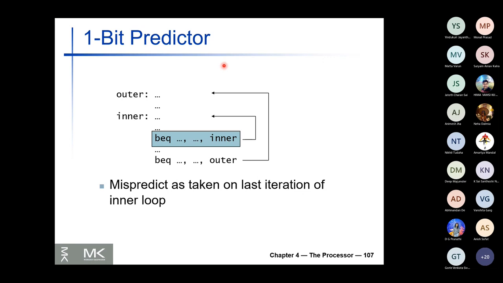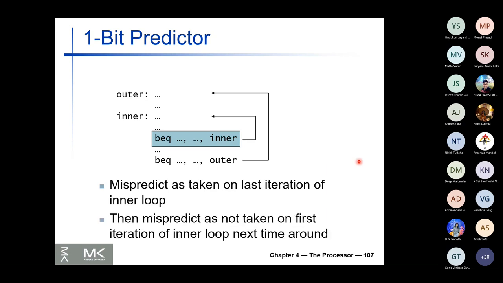And initially, if you assume that the branch is not taken, then the first time you encounter this branch instruction, there will be a misprediction. So for every inner loop, there will be two mispredictions, isn't it so? Assume that initially you initialize your prediction to not taken. So the first time you encounter this branch instruction, there will be a misprediction because the branch is taken, and you flip the prediction bit to taken.